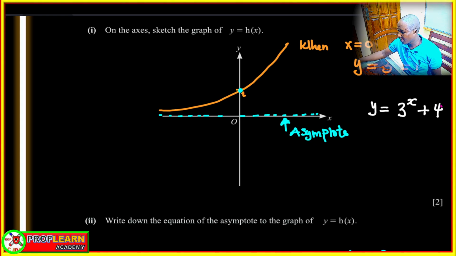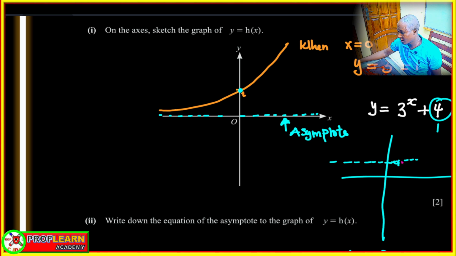This value that you have here represents the horizontal asymptote. So whenever you're going to draw that, you are going to mark the point 4, meaning that's where the asymptote is going to pass. This one was y, this is h of x, or y is equal to 3^x plus 0.